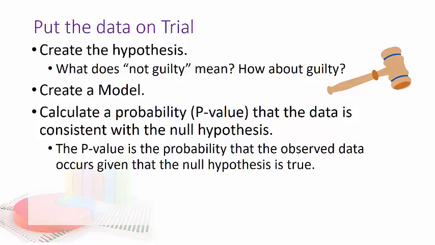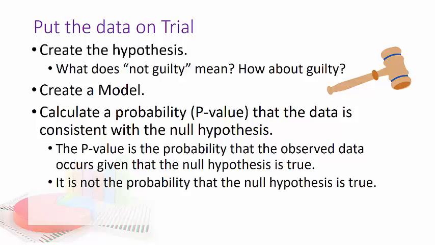So you can say, what's the probability this could have occurred, assuming not guilty in our case? We don't like to use the word innocent. Now, the probability is basically, is this consistent if the null hypothesis is true? It's not the probability that the null hypothesis is true. Then finally, you give your verdict or your conclusion.